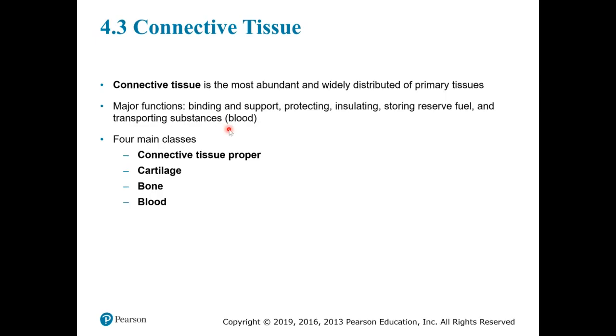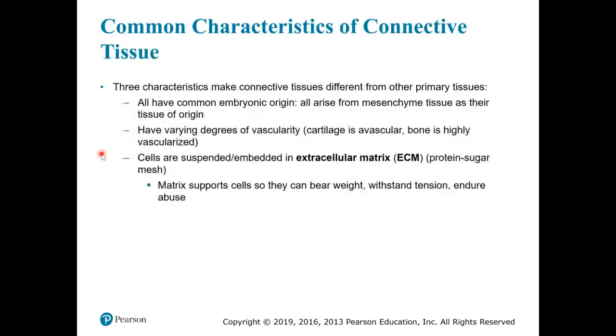The blood, transporting substances, or the skeletal system for support, as well as adipose tissue. And connective tissue comes in four flavors: connective tissue proper, cartilage, bone, and blood. And they all have different cell types that occur in them, and they all have different background materials.